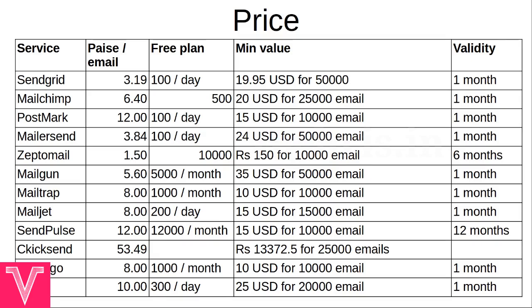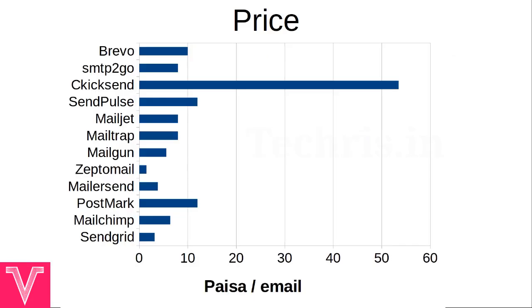So among all these services, the ZeptoMail offered by Zoho results in 1.5 paisa per email. This chart shows the pricing for one email provided by different service providers. Based on this pricing comparison, we have chosen ZeptoMail as the sender for our email.